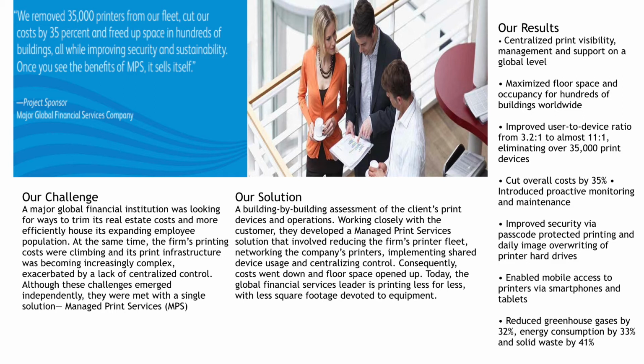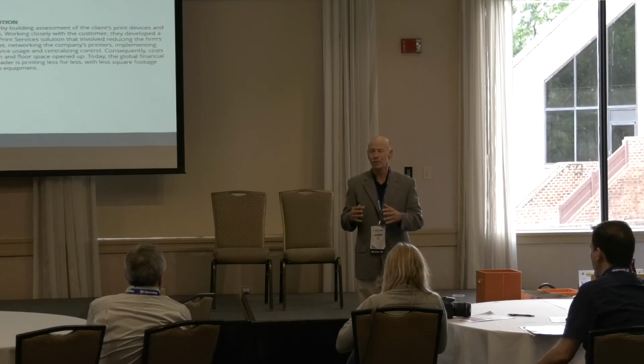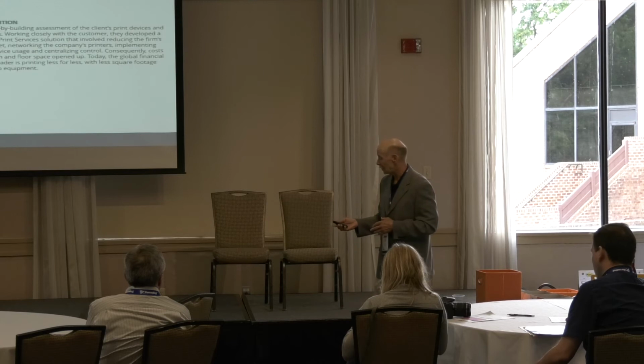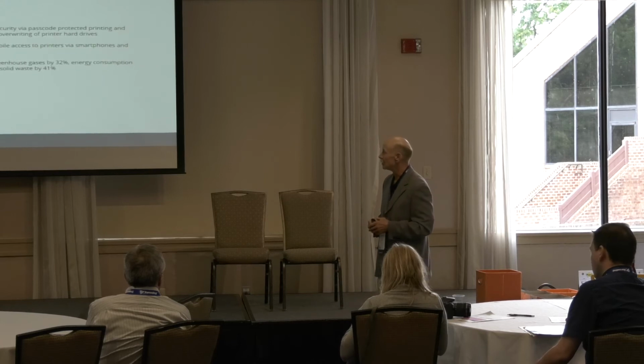And as they consolidated all of that, they began to realize they had a lot more real estate available to them than they thought they had. So it really impacted the operation from both the real estate side, from being able to grow and reducing the number of printers in their fleet, and it saved them roughly 35% on their operation.